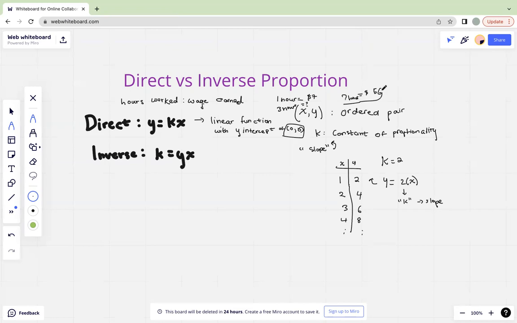You know that there's a set proportion. So your formula for this scenario would be: hours worked is your x variable, and wage earned is your y value.